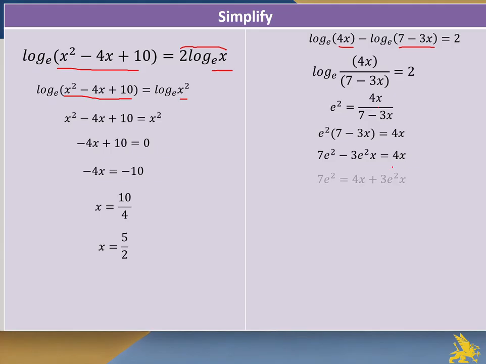I'll get all my x's onto one side, so I have just added 3e squared x to both sides. Now I've got all my terms with x. I can grab the x and factor it out, and then I can divide everything by 4 plus 3e squared. So even though we're dealing with logs, we're just using our understanding of algebra.